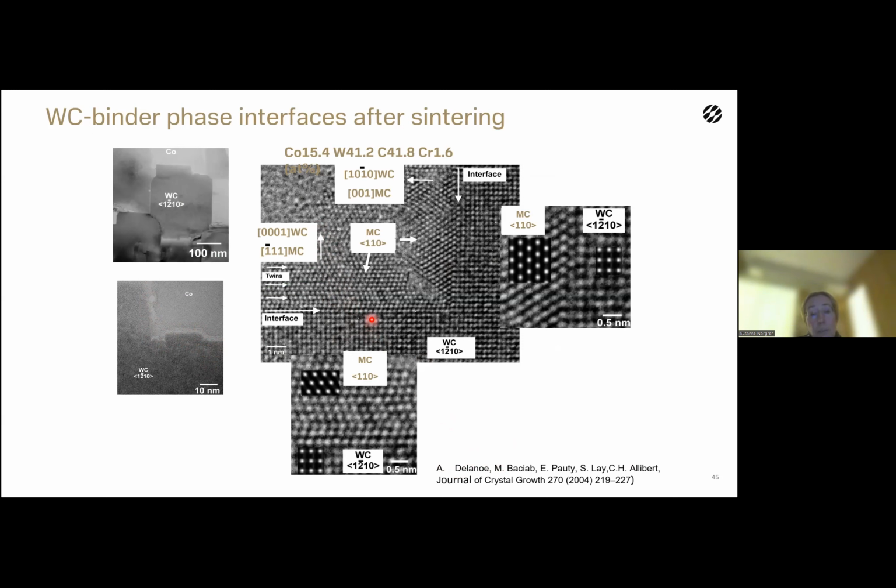And it grows epitaxially on the tungsten carbide crystal, which means that with an addition of 10% of chromium in the binder, you are actually modifying all the phase interfaces in your entire material. And this also, as you will see later, has a huge impact on the properties and was something, of course, that we needed to patent at that time.